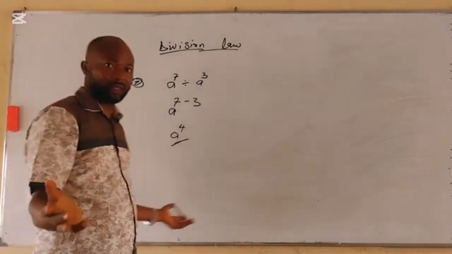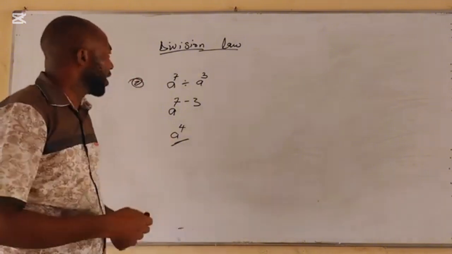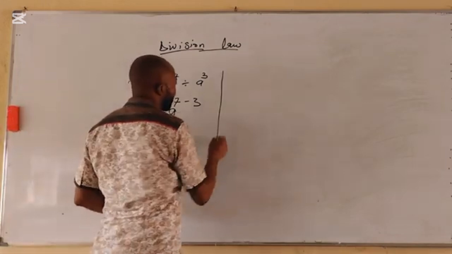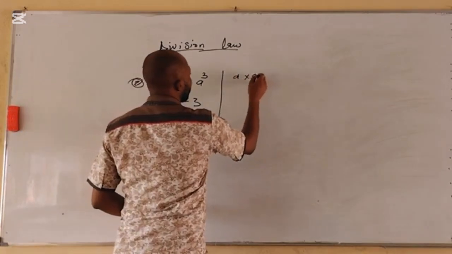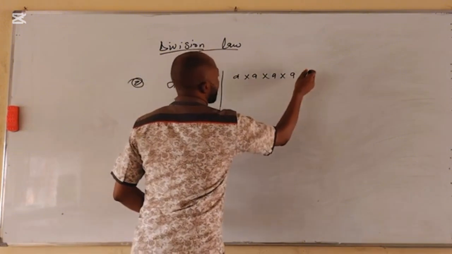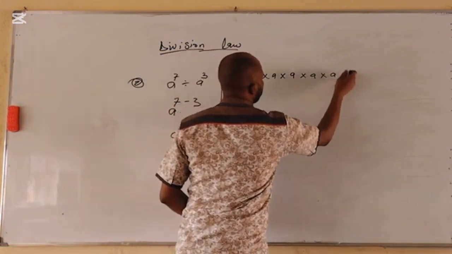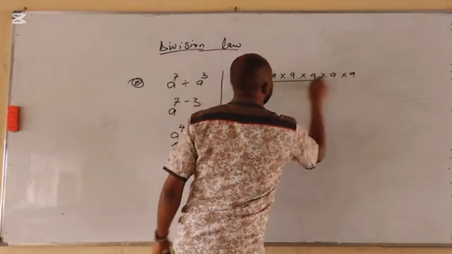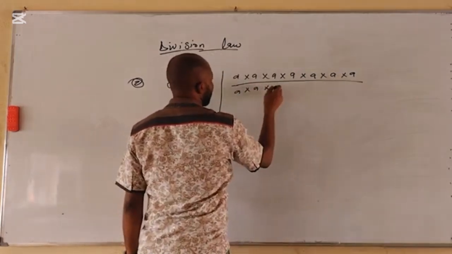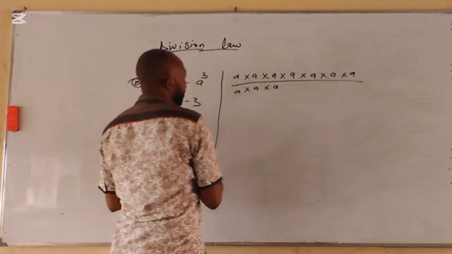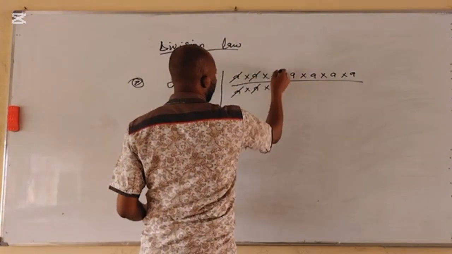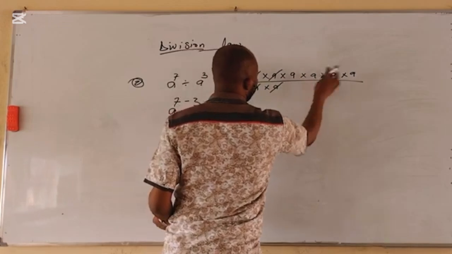So that is it. In another way, if you want to break it down further, this a raised to the power 7 will become a times a times a times a, 1, 2, 3, 4, times a, 5, 6, 7, divided by a raised to the power 3, a times a times a. So if I cancel this divided by this, I'm left with 1, 2, 3, 4.